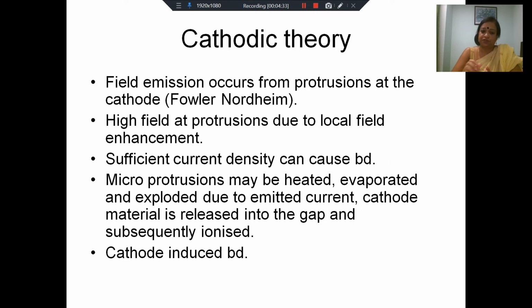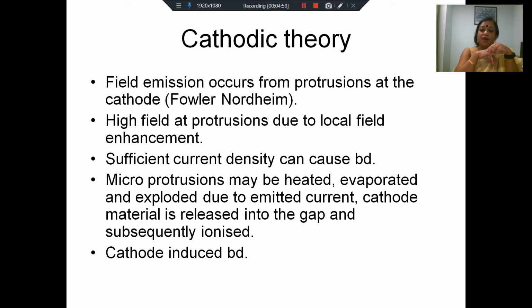If you have micro protrusions, they may become heated because of current, because of charge concentration and small localized currents flowing. When these micro protrusions get heated, they will evaporate or they may even explode, and there will be current emission. So basically, what is happening is cathode material is being extracted from the cathode and released into the gap.